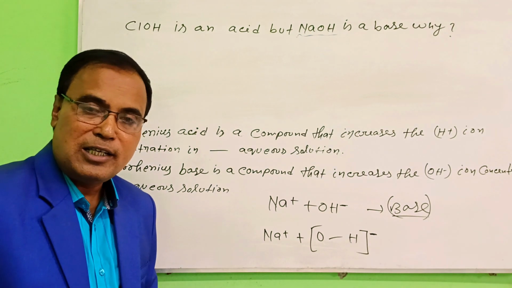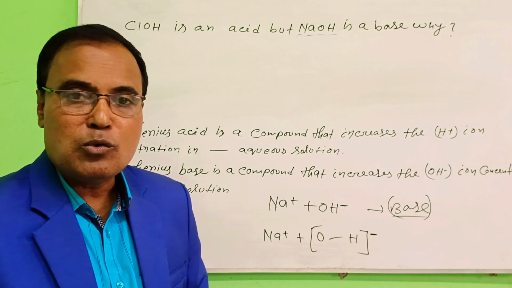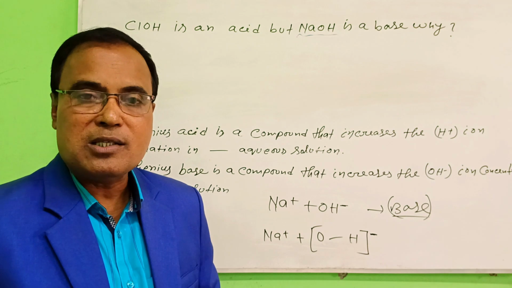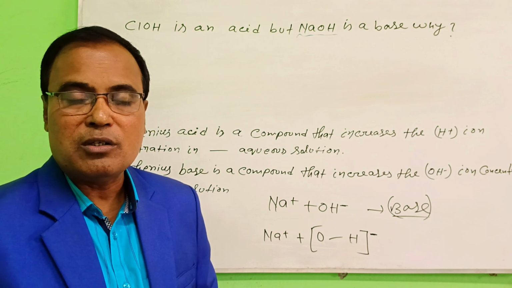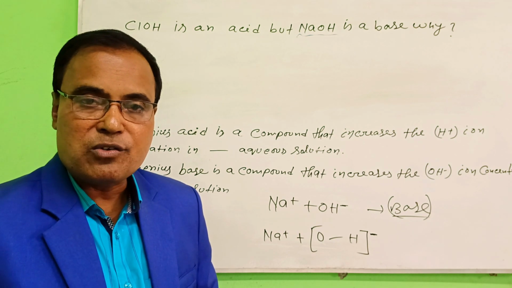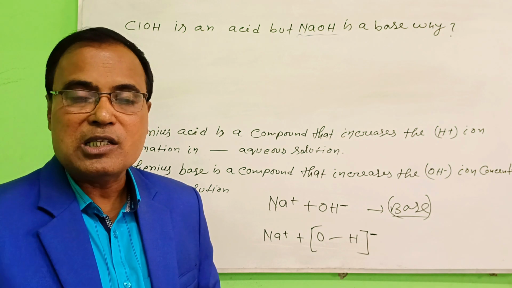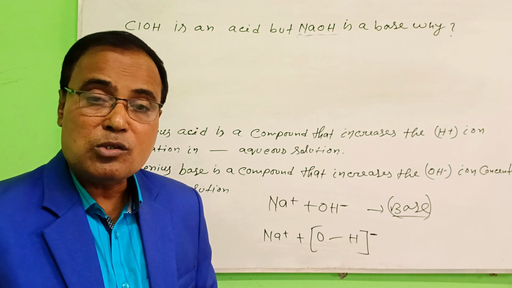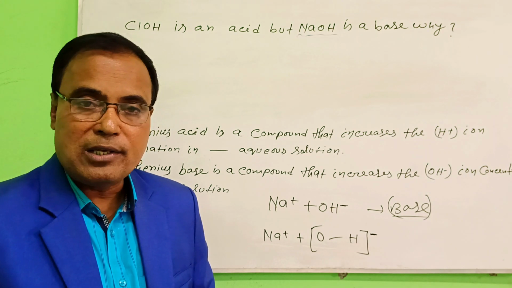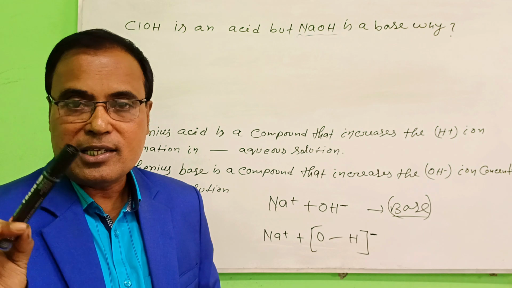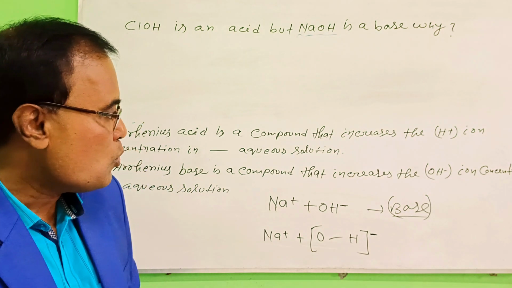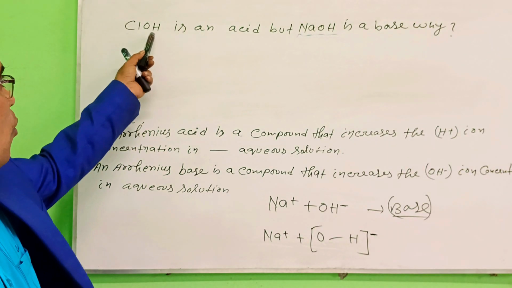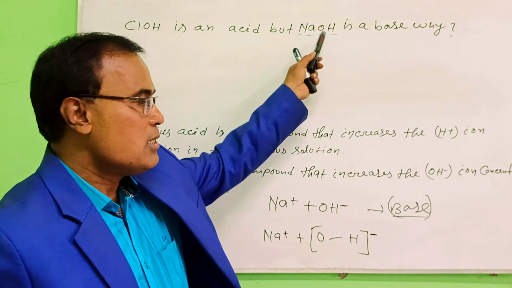Generally, we can say that a compound or chemical species which produces H+ ion in its aqueous solution is called an acid, and a compound or chemical species which produces OH- ion in its aqueous solution is called a base. That is Arrhenius' concept. So students, see the compounds ClOH and NaOH.